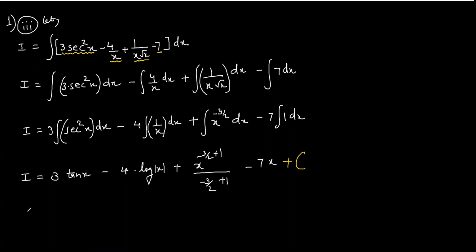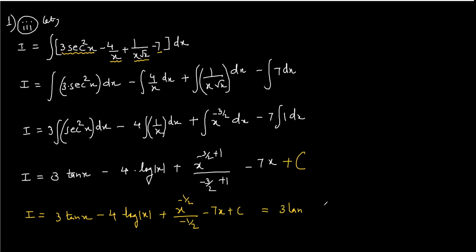So the answer is 3 tan x minus 4 log of mod x, plus this is x raised to minus 3 by 2, so x raised to minus 1 by 2 upon minus 1 by 2, minus 7x plus c. Okay, so the final answer will be 3 tan x minus 4 log of mod x.